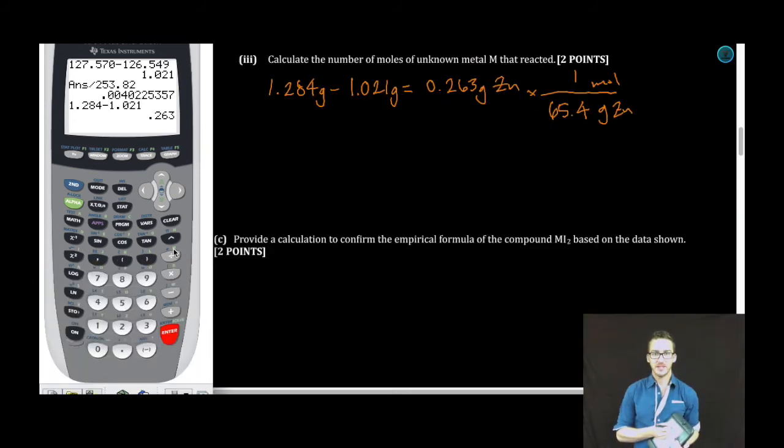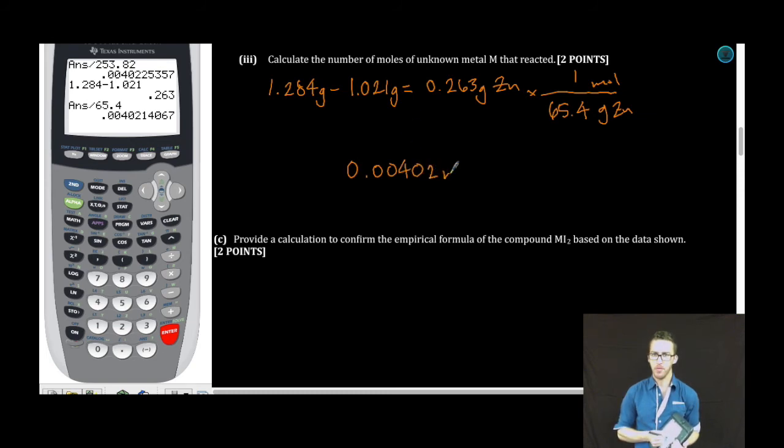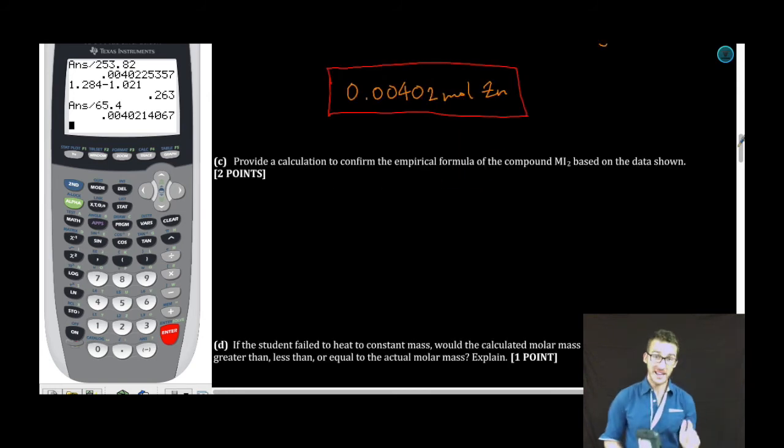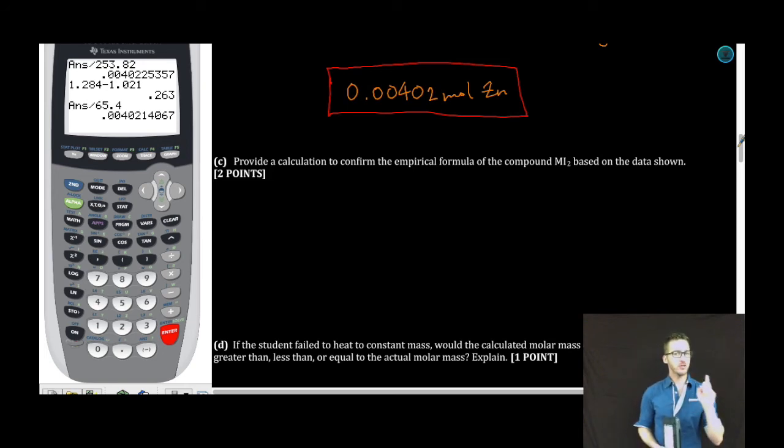So divide my mass in grams by the molar mass, 65.4, to get me 0.00402 moles of zinc. Boom.